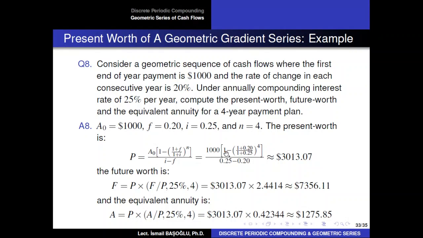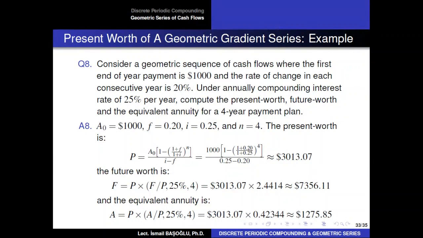It is 1,000 times 1 minus the ratio between 1 plus F and 1 plus I to the power 4, where 4 is the number of investment years, divided by I minus F. As you can see, we have a positive I minus F here, which will bring you $3,013.07. So what does that mean?